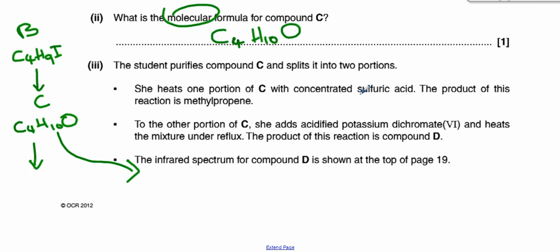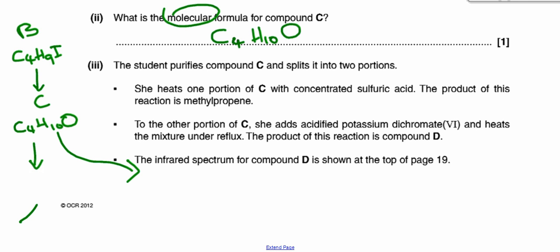The first portion of C is heated with sulfuric acid, and the product reaction is methyl propene. So we're given methyl propene. All we have to do is try and draw that out. So methyl propene, it's got 3 carbons.